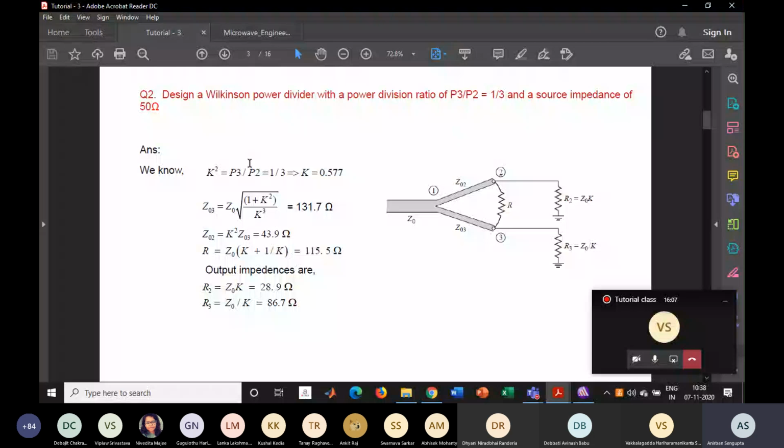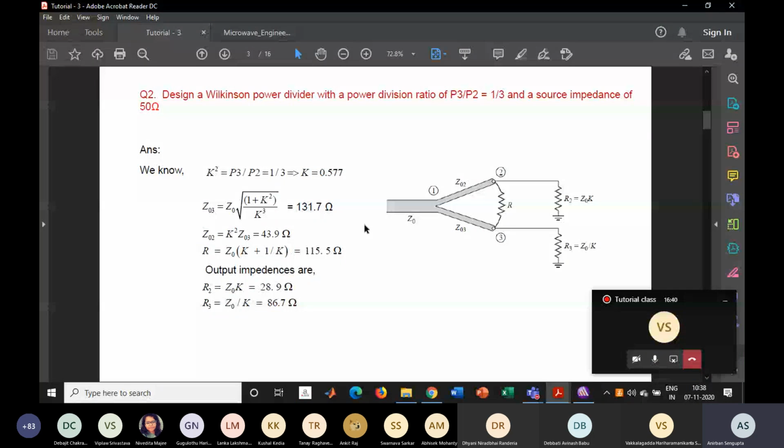Now using these equations, we can find out the characteristic impedances of the two branches of this power divider, what is the resistor connected for better isolation, and what are the termination impedances of these two division branches, 2 and 3. So using these equations, we can find out the values.